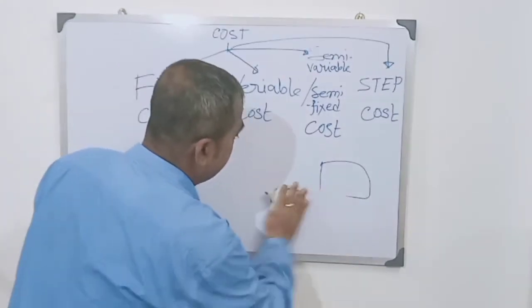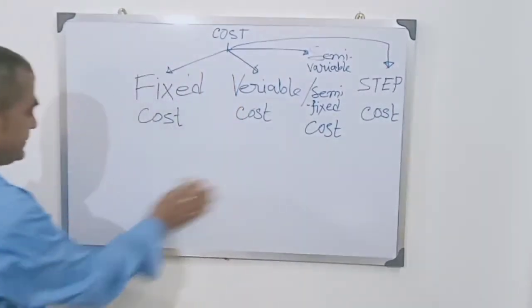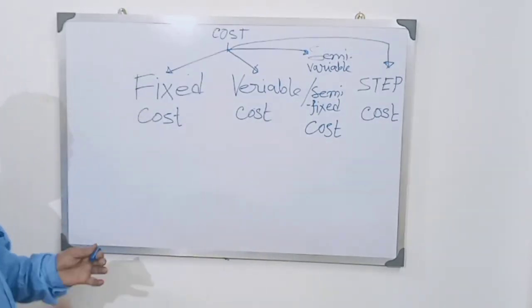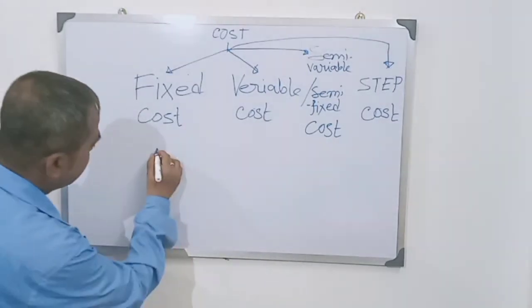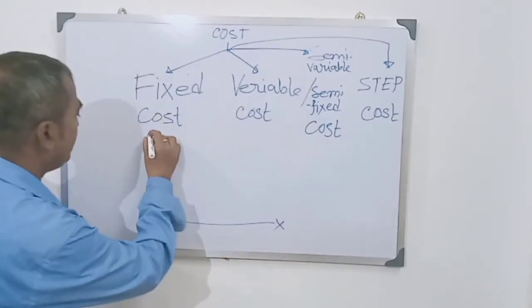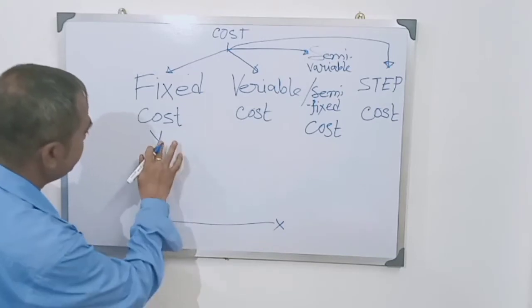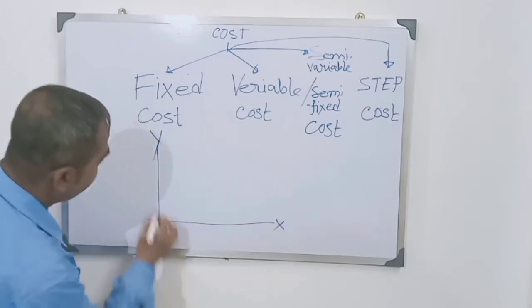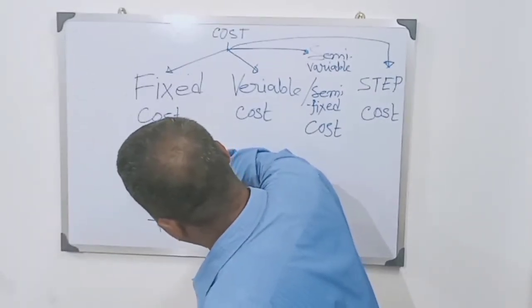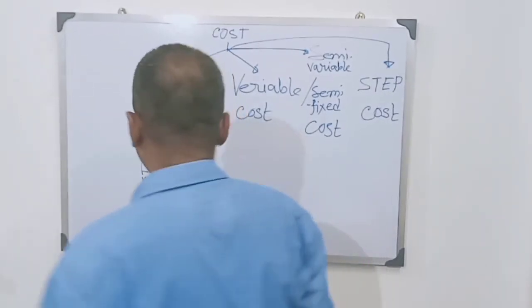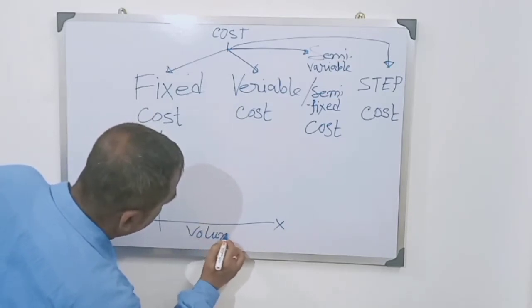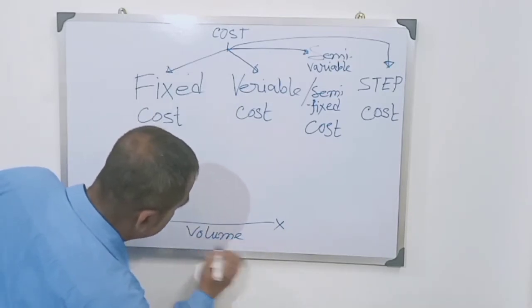Now variable cost. I'll be explaining it with the x-axis and y-axis. This is your cost or expense, this is your volume in units.